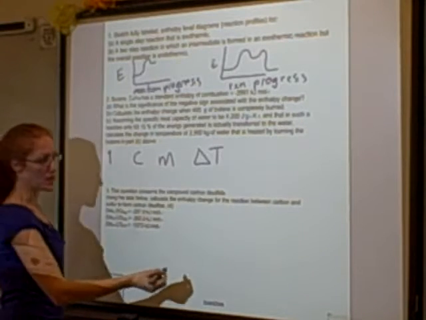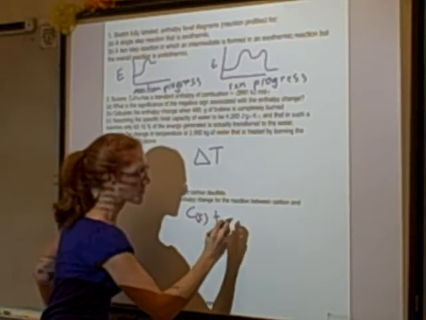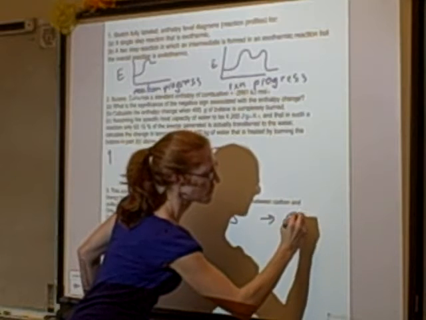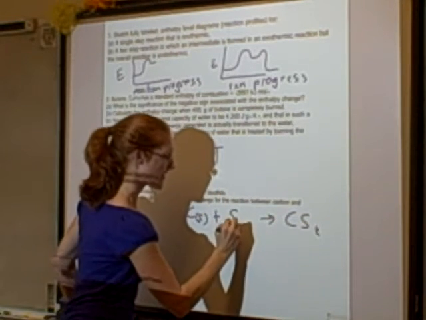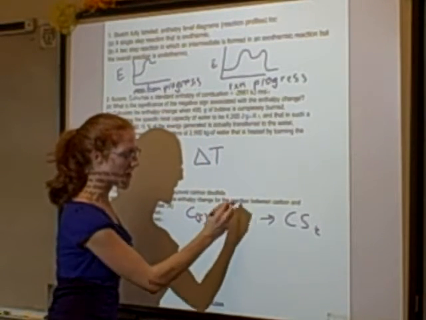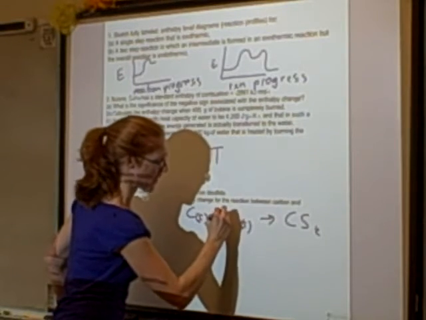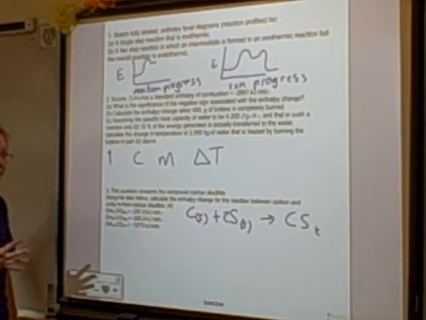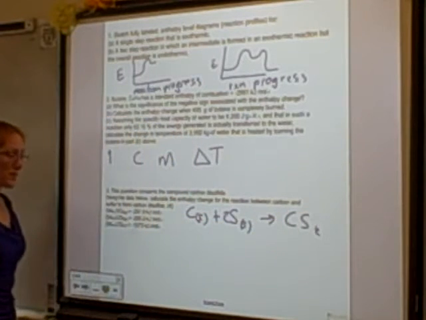Our goal is going to be what is the change of enthalpy when carbon, as a solid, reacts with sulfur to form carbon disulfide, CS2. We haven't talked about allotropes and how these things tend to exist. So you have your goal. What is the change of enthalpy for that?